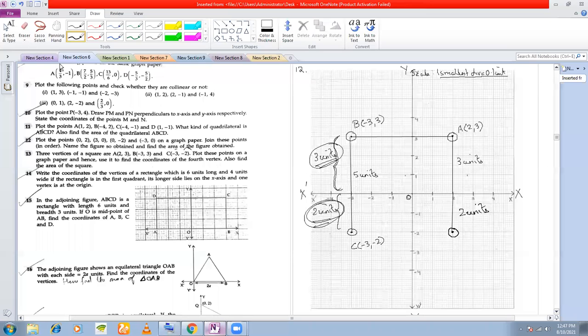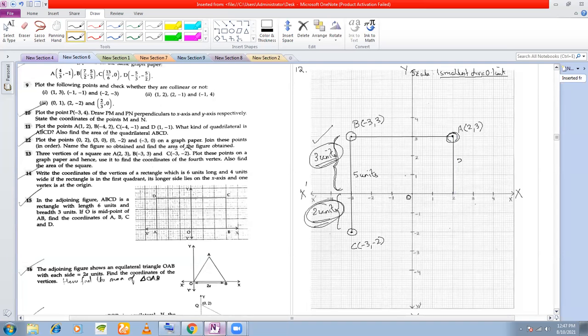So now what I do is, with the help of a scale, I draw a perpendicular from here, because this length is 3 units. So from here, I draw a perpendicular on the x-axis.